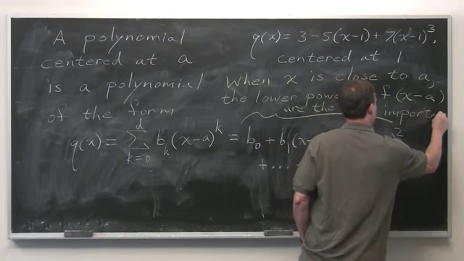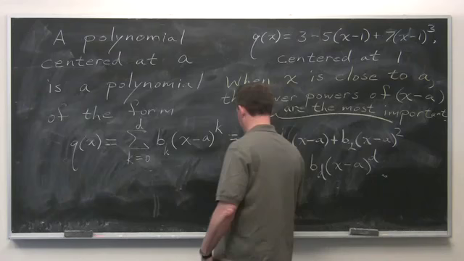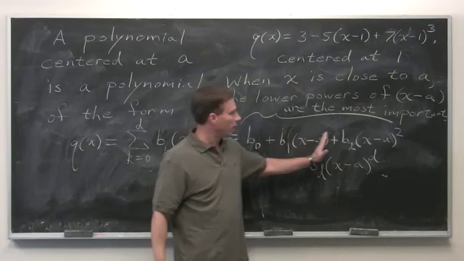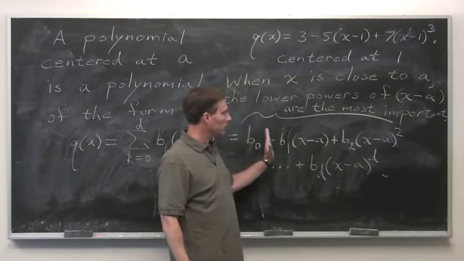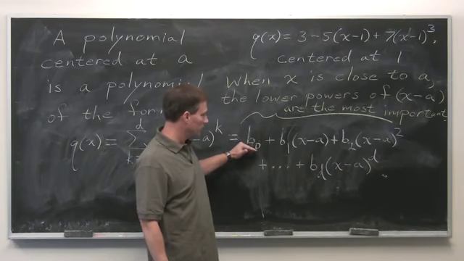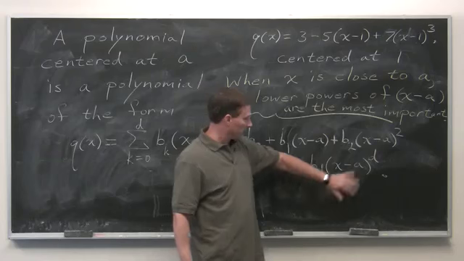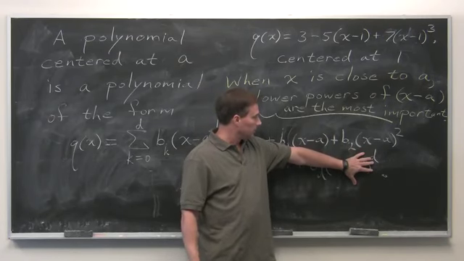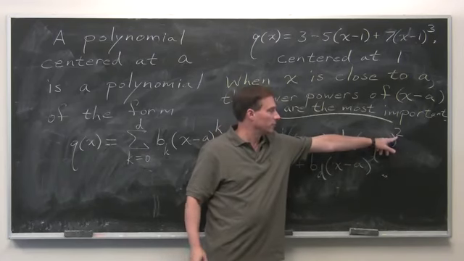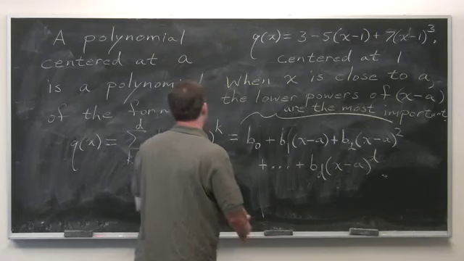So again, we define the partial sums where you only take the first however many terms in this summation that defines the polynomial. Like the second partial sum, we would go out to the power of 2.